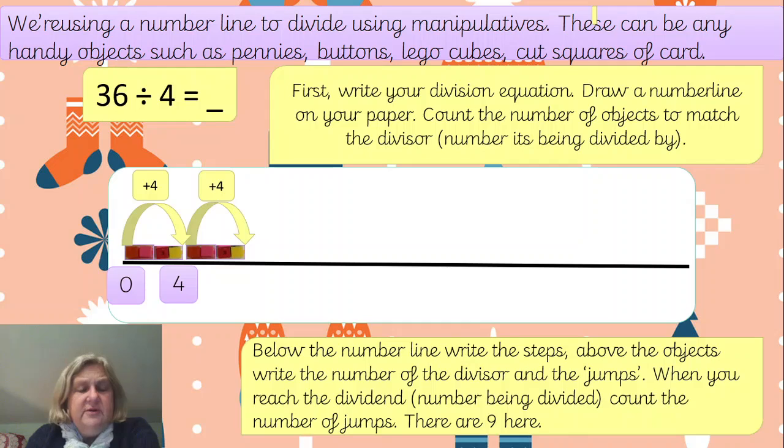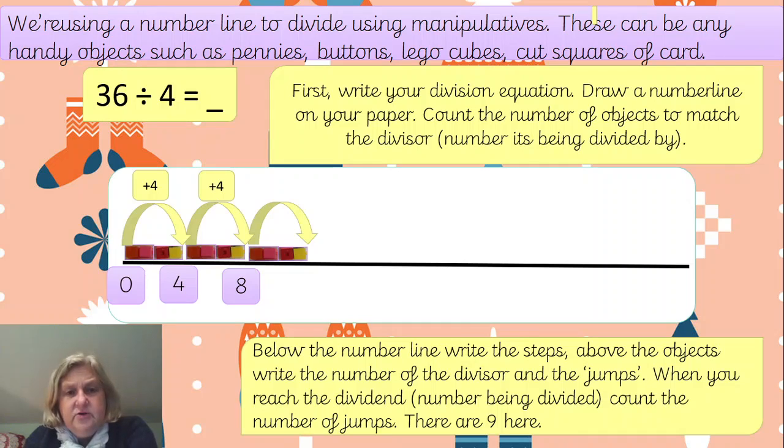On your number line you can draw in your numbers underneath the line. You can put your manipulatives down, draw a little arch arrow and jump up your number line, and then write the amount that you've jumped, which is 4 in this case. Obviously if your divisor changes here, then you would use that amount of blocks or counters.